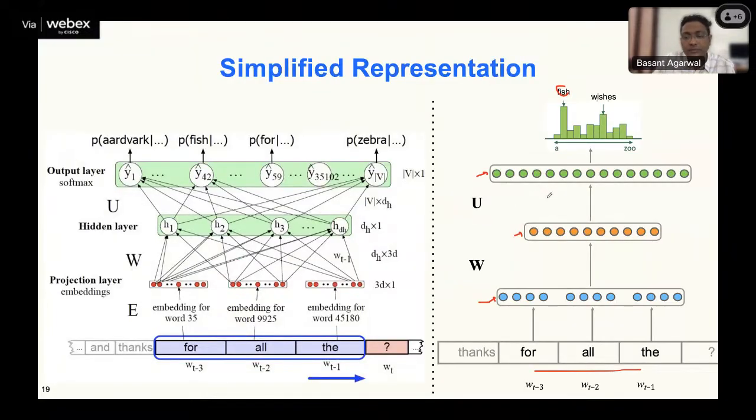If you notice, this is a feed forward network in which all the connections are fully connected: all the nodes between the input layer and hidden layer, and all the nodes between the hidden layer and output layer.